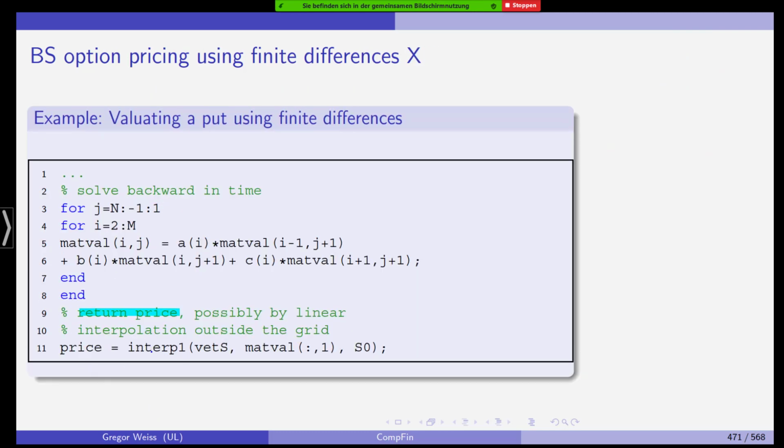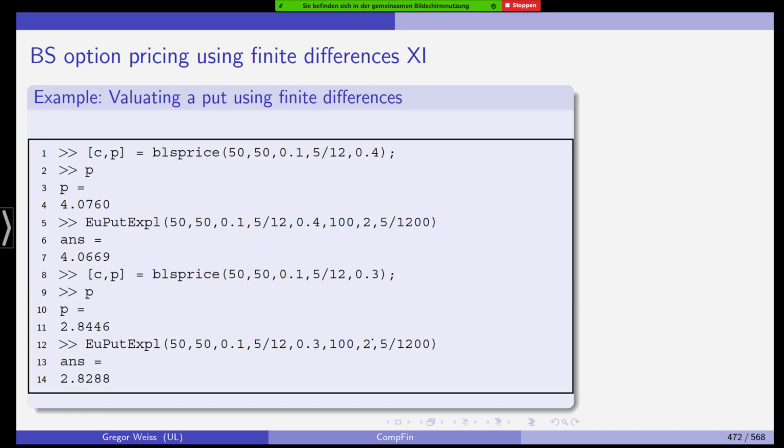That's the explanation for the last line in this program here. Price equals interpolate that as matval for S0, the current stock price given to us as an input parameter. That's S0. Okay, so let's do this and compare our results with the Black-Scholes price. Have a look at these functions for a minute and see what happens.